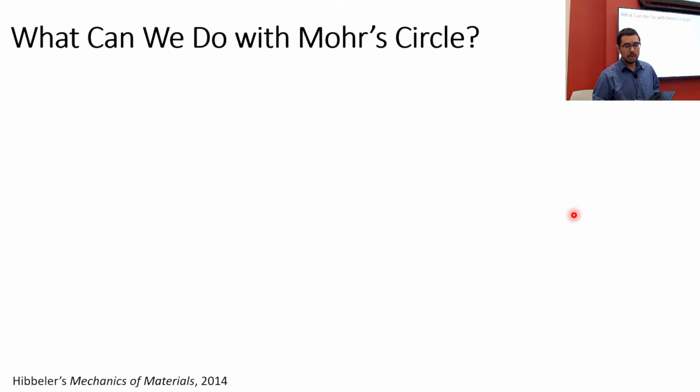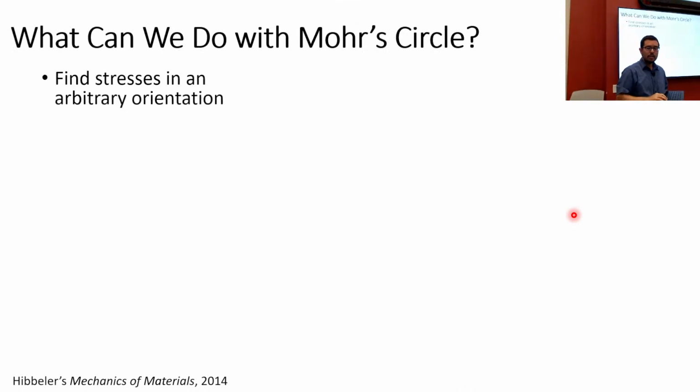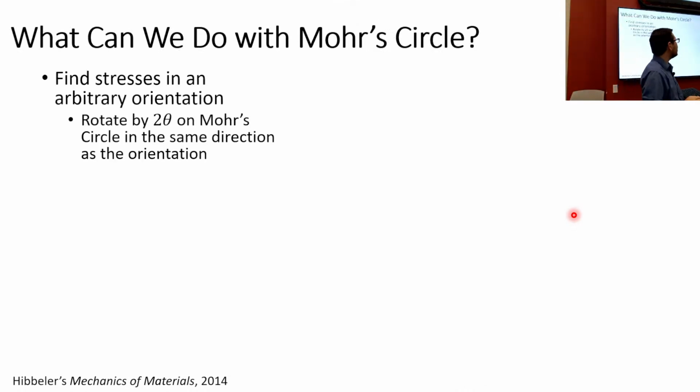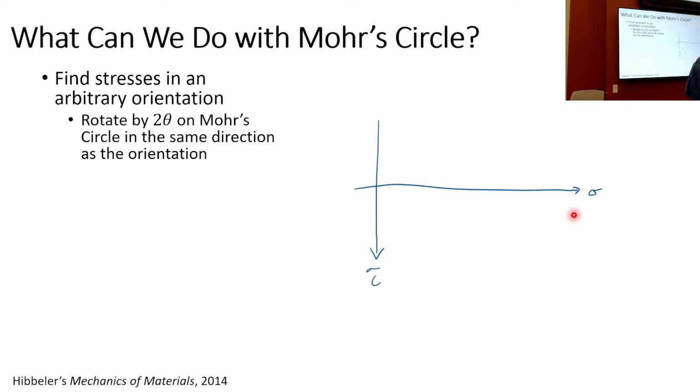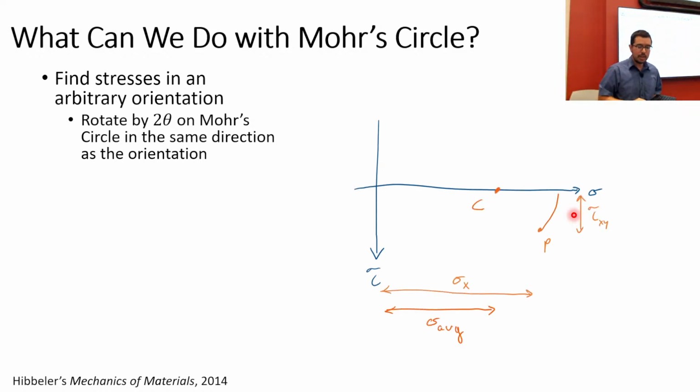So, what can we do? One, like I just said, we can find stresses in an arbitrary orientation. When I say arbitrary orientation, really we're only talking about rotation about the z-axis. So it's not super arbitrary, right? But if you give me a theta, I can use Mohr's circle to figure out what the new state of stress is at that location. We can, once again, plot everything out.